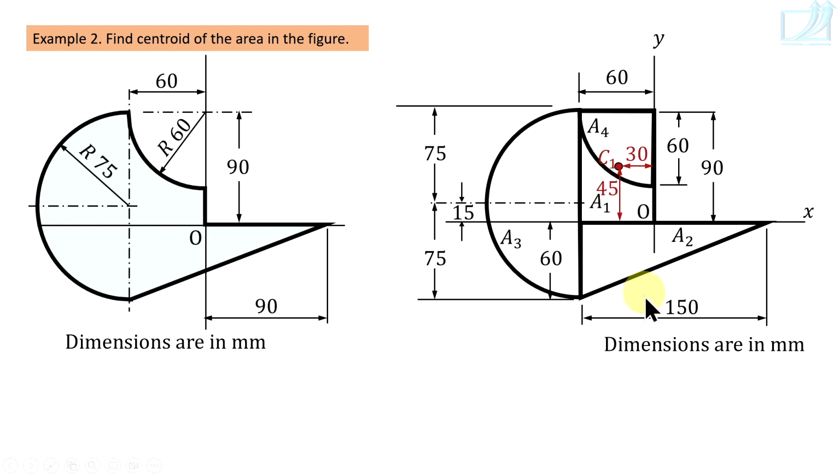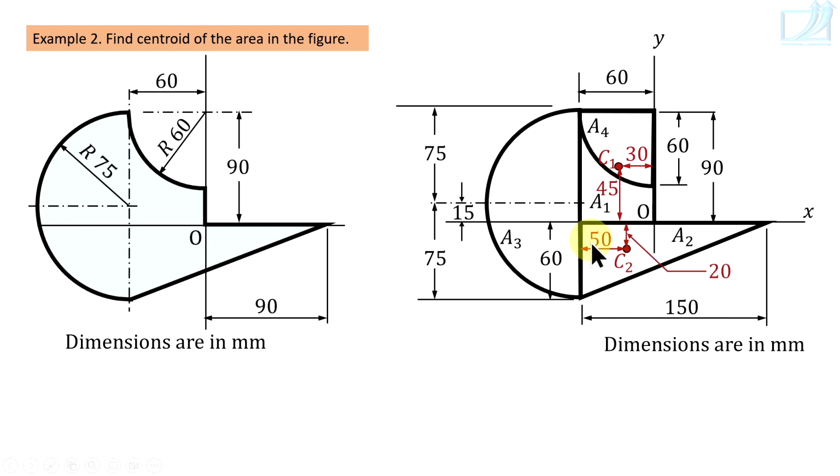Now the second area is a right angle triangle. Focus on this right angle triangle. Somewhere here it is C2. First of all mark that point and then insert distances in this manner. The horizontal distance is 1/3 of the corresponding edge and the vertical distance is 1/3 of the vertical edge of this right angle triangle. Height is 60, so 1/3 of height is 20.